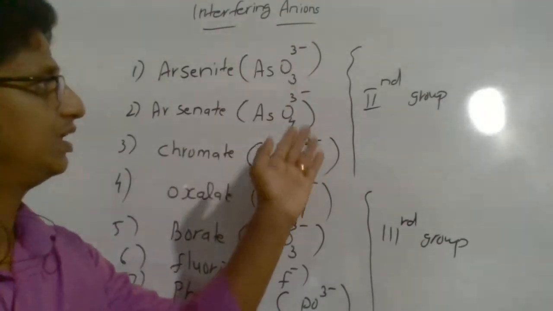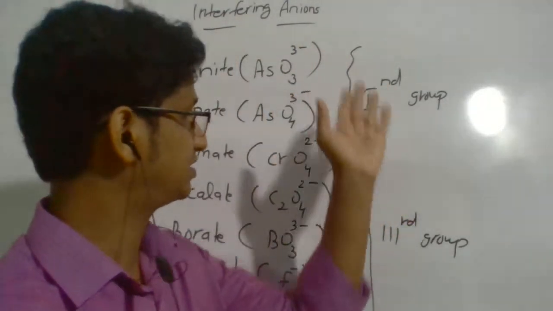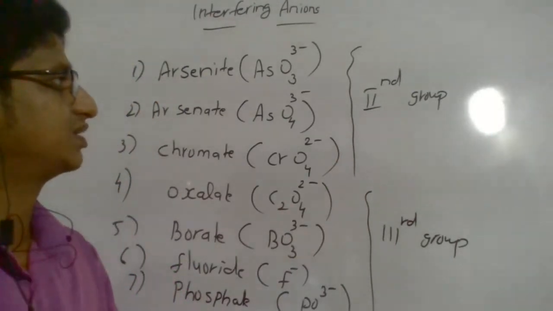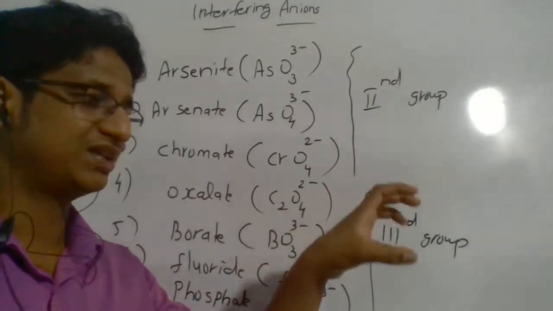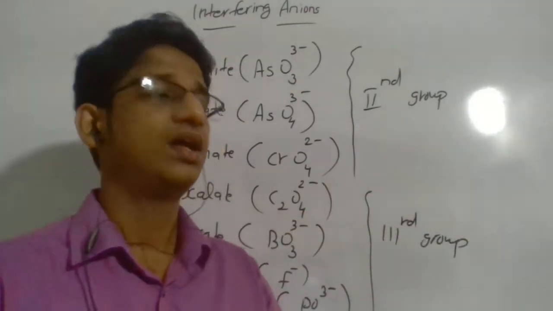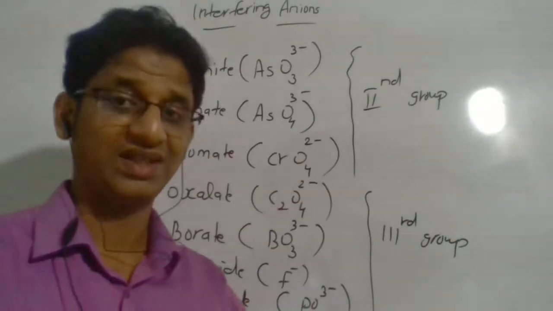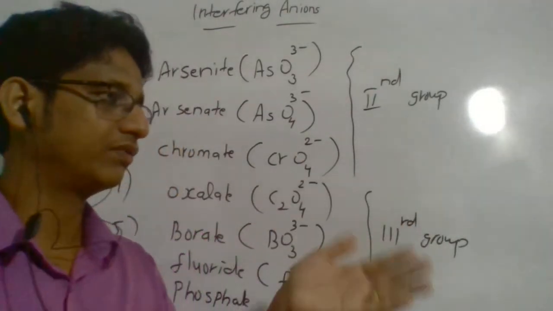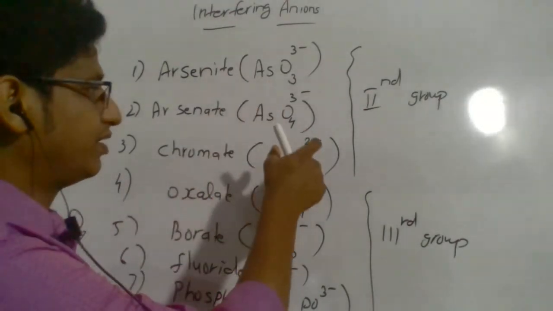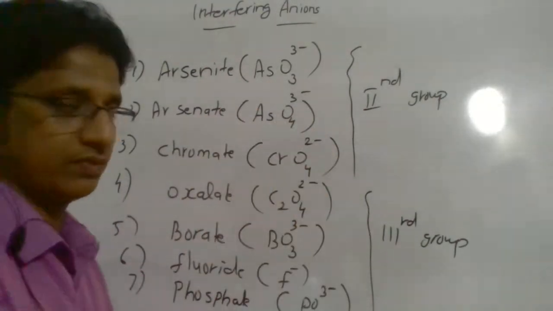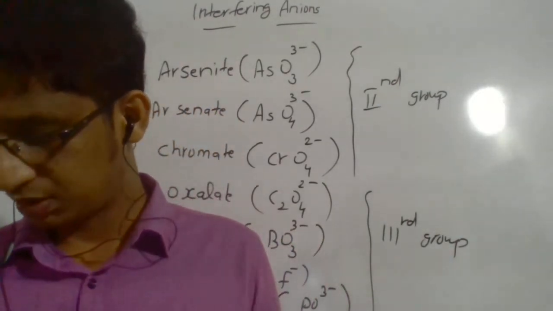But these three, arsenite, arsenate and chromate, interfere from the second group onwards, especially because they react with hydrogen sulfide. Chromate utilizes the hydrogen sulfide and converts it into sulfur. So they make their interference from the second group onwards. That's the first point you can note about the interfering anions.